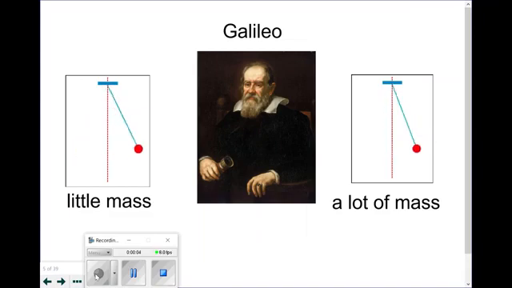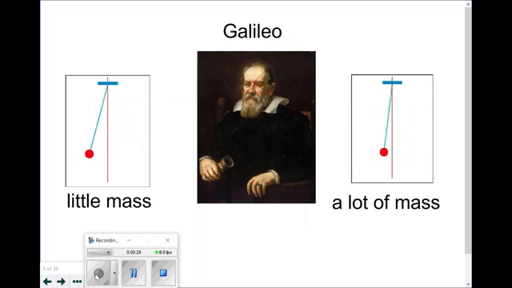Pendulums played a key role in inspiring Galileo to investigate the motion of falling objects. If you remember, we had discussed once before that Galileo had noticed that pendulums of the same length swung at the same time rate, going back and forth, regardless of their mass.